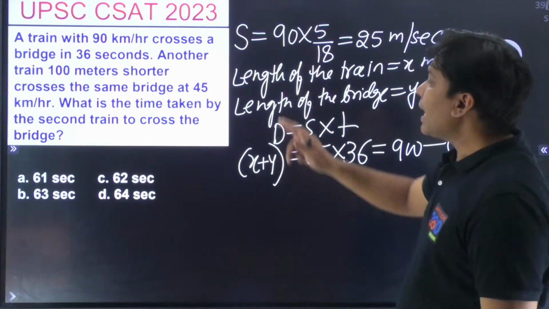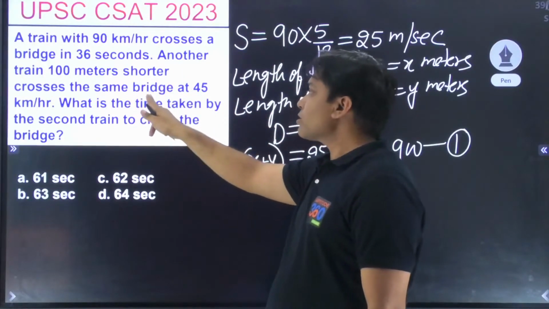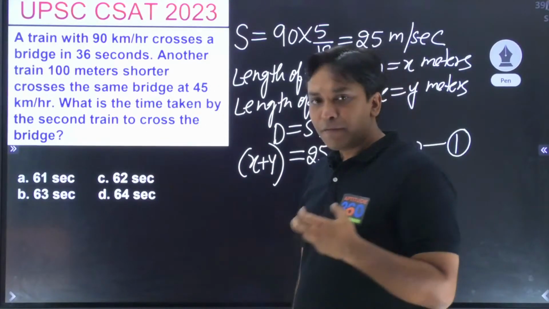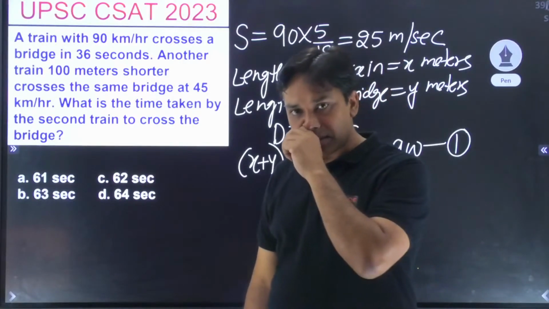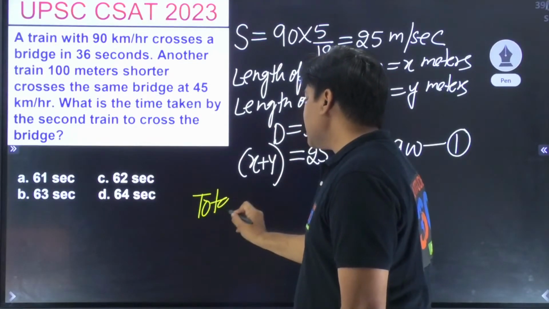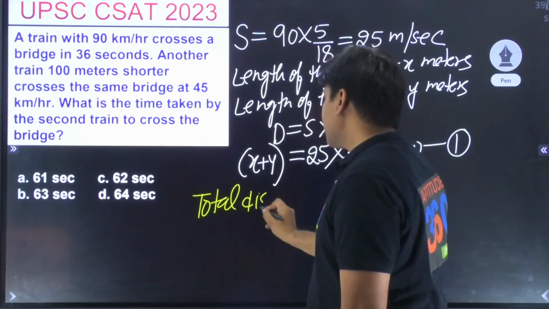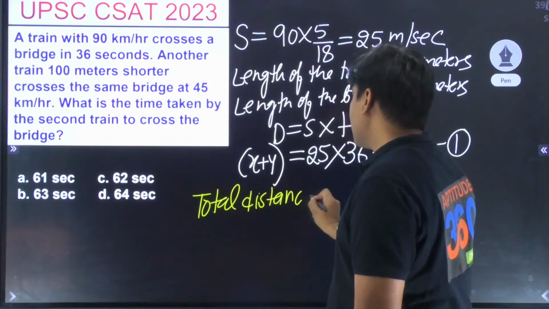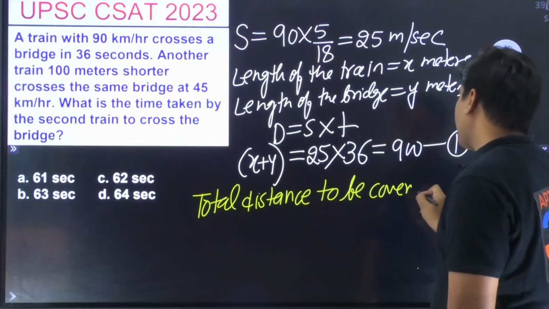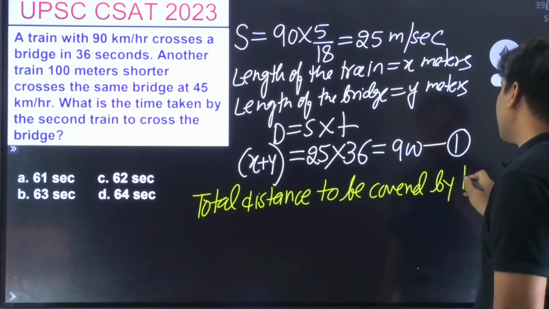And another train which is 100 meters shorter crosses the same bridge at 45 km per hour. Now understand this. If the other train is 100 meters shorter, so total distance to be covered by the second train is going to be how much?